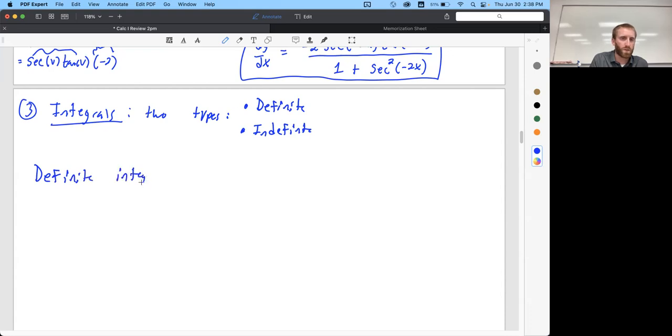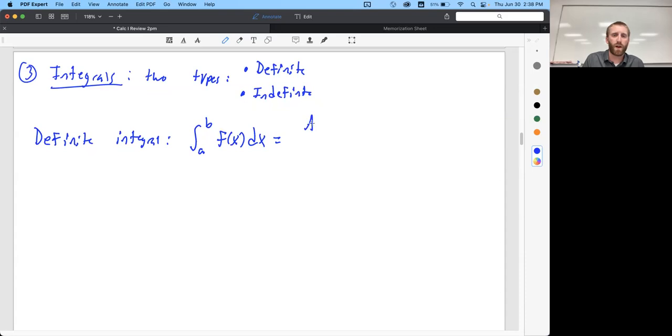A definite integral just means that we have this integration symbol and we have bounds on it. And what we want you to know is that this here gives the area under the curve of f of x from a to b.